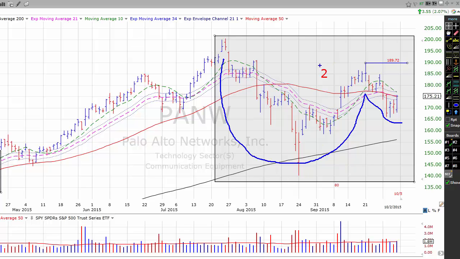We're in a second stage cup and handle base, we have a buy point of $179.72. Palo Alto gets a 80 checklist rating and can be bought on a break above this $189 level on at least 140% of average daily volume.